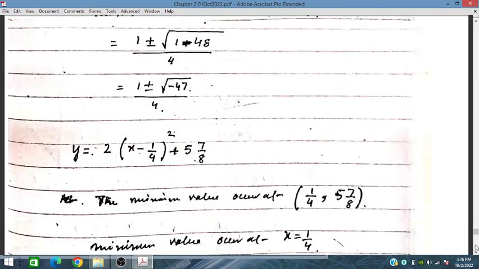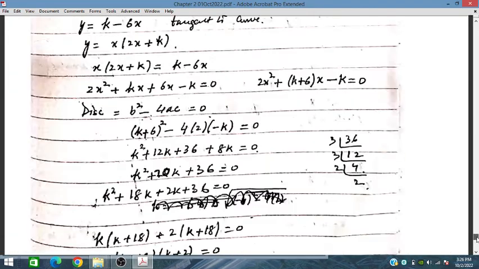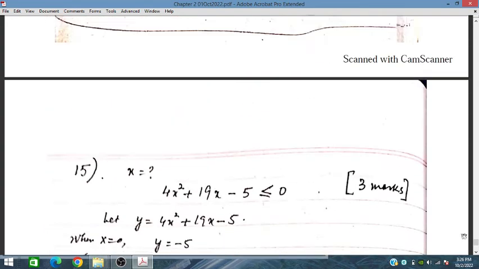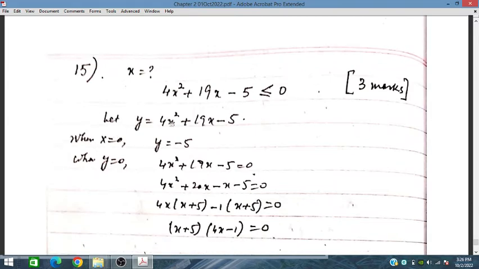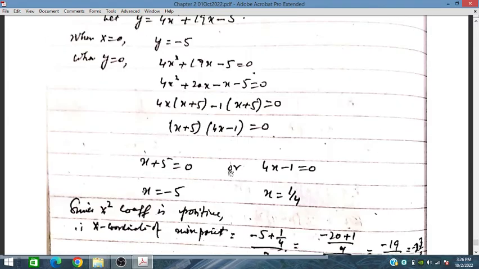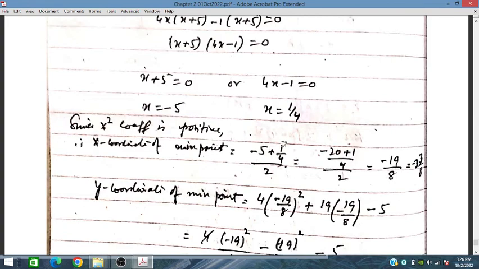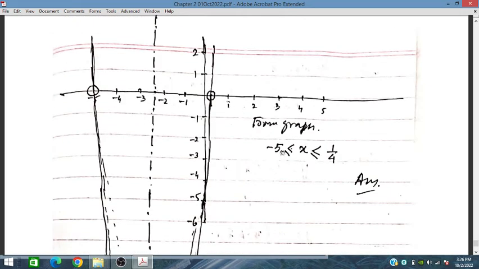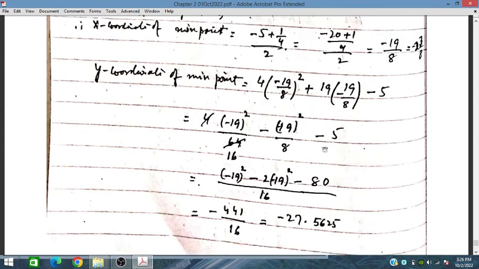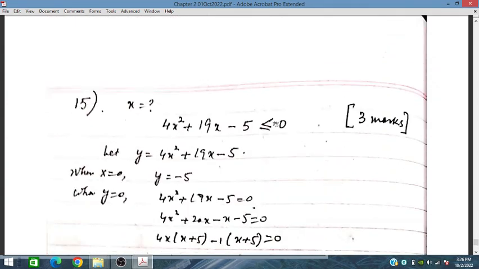Question number 15, we have to solve this one. Let this be equal to this, and from here we have two x values. So this is the condition -5 to 1/4, where this would be negative or less than 0.